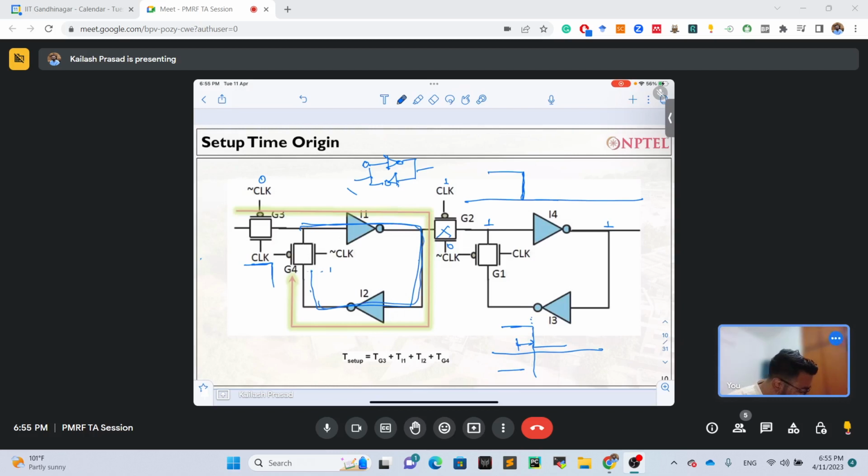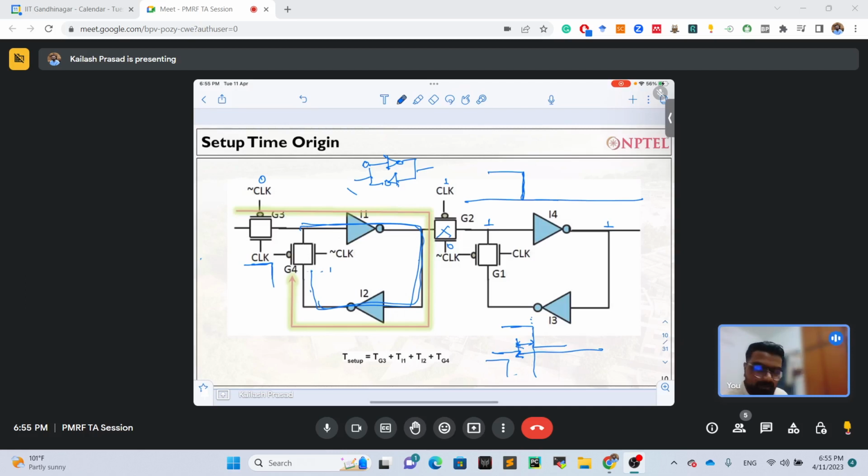So what we are saying about the setup time is that the data should be stable like this. It should not change. So if it is like this, it is like this. Or if it was earlier 1 and it is becoming 0, it can become 0 before this particular time.